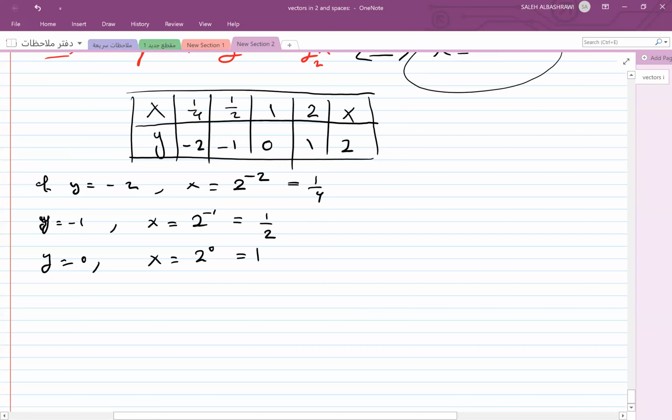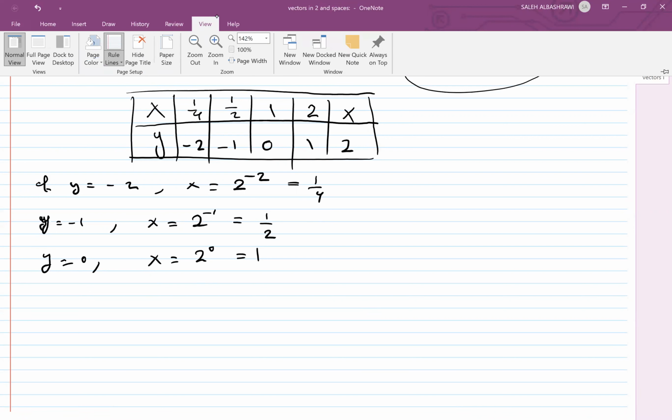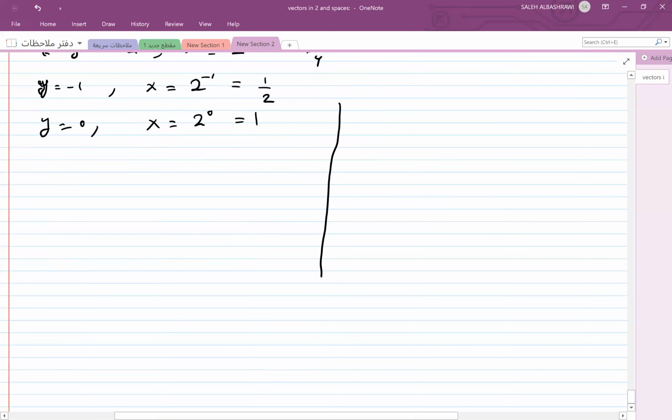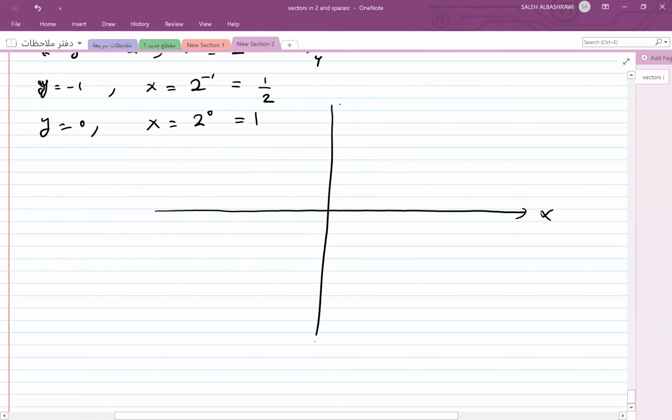Now to graph it, this is x and this is y.